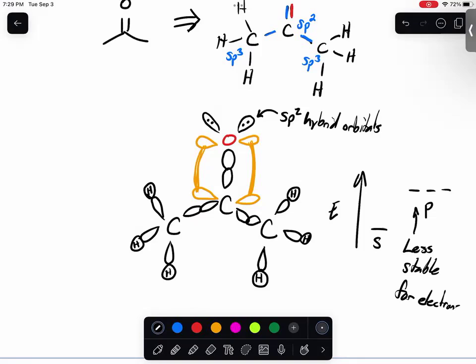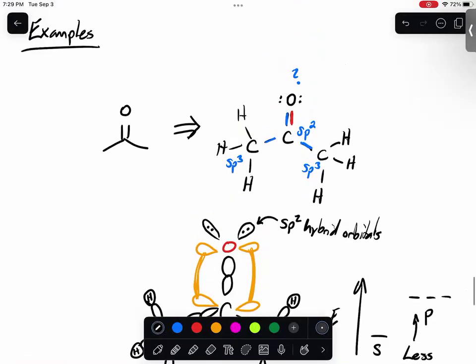And so because of that, if they can mix to form these sp2 hybrids, rather than staying as p orbitals, they will. So in the end, what that means for our drawing here is that the oxygen is indeed sp2 hybridized. And those electrons just sit within an sp2 hybrid orbital rather than a p orbital.